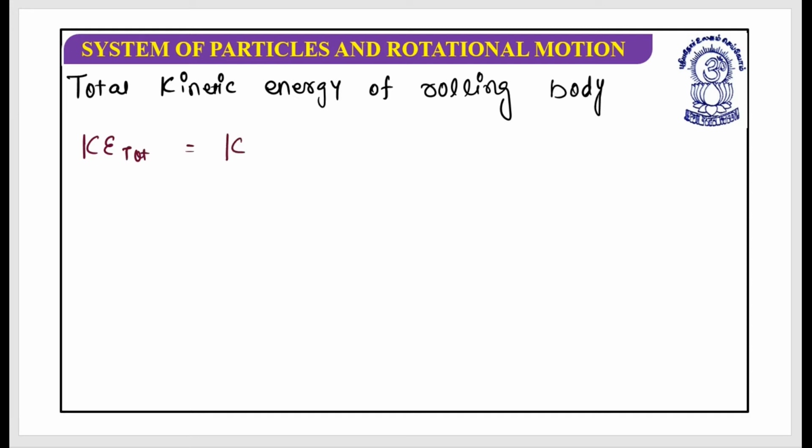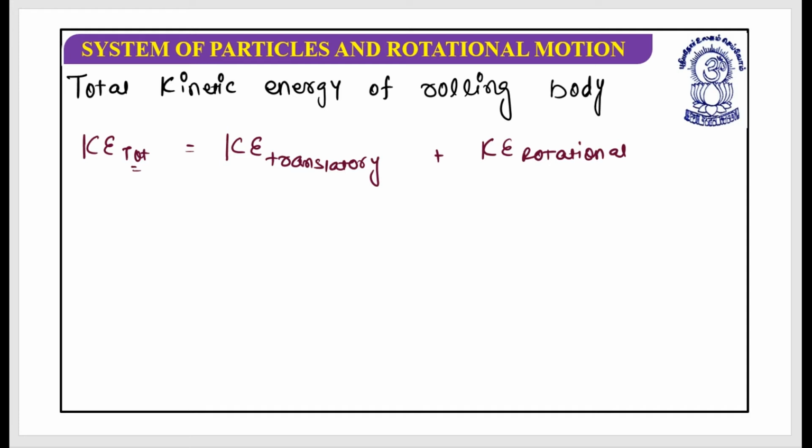Because I know that my particle is going to have translatory motion as well as rotational motion. So my particle is having both motions, and when I add these two, it is the total kinetic energy. While I say total, it means it is the kinetic energy of the rolling body. I hope this is clear.